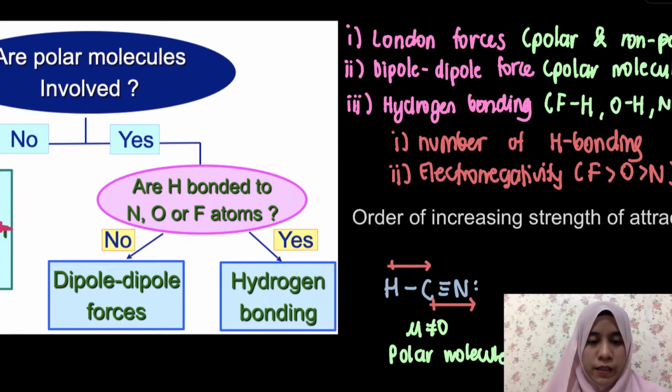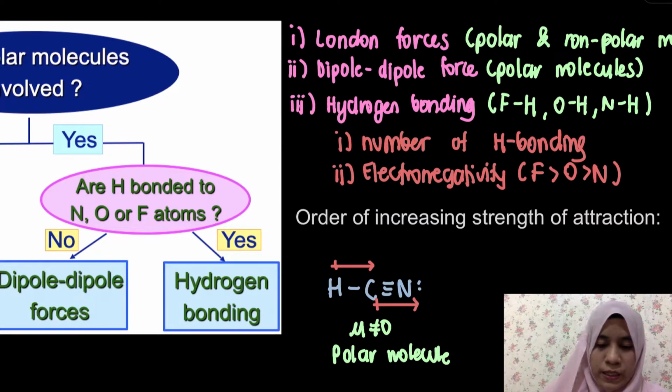Next, we look at whether it can be dipole-dipole or hydrogen bonding. We do have hydrogen, but is it bonded to an N, O or F atom? Even though HCN looks like it might have hydrogen bonding because of the N, the hydrogen is bonded to carbon. Hydrogen is not bonded to nitrogen. Since the hydrogen is bonded to carbon, it only has dipole-dipole force.